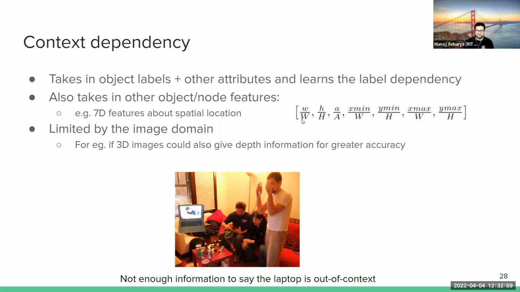In our work, we take size and position of the objects in the image as additional features, but this is limited by the image domain we have. For example, with 3D images, you could also incorporate other information such as depth for even greater accuracy.